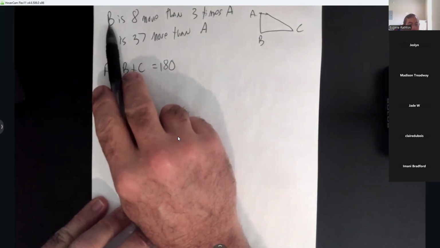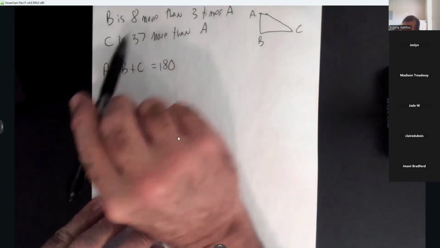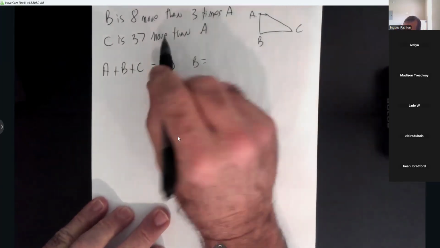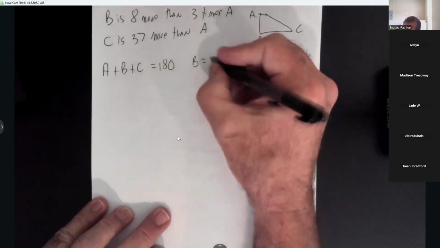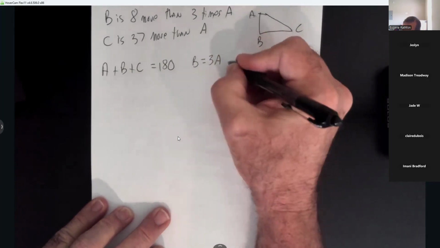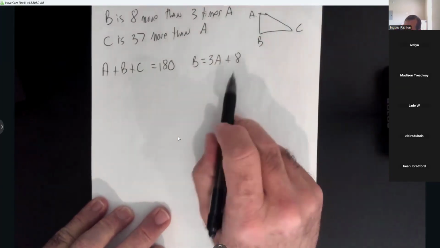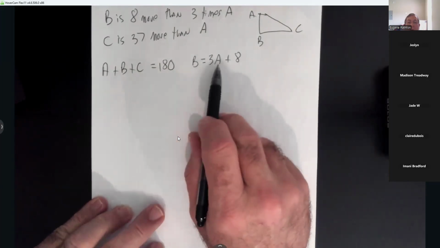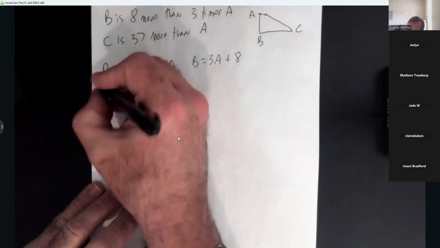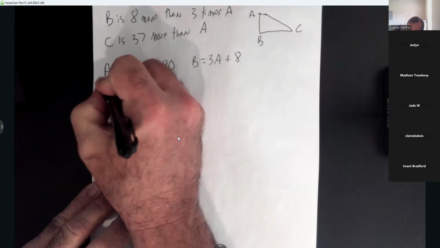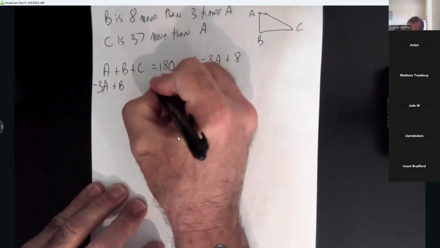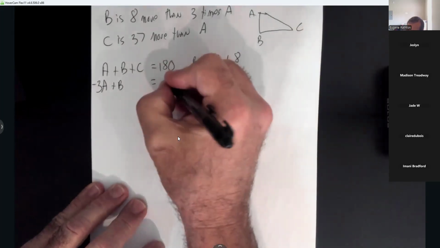Now this one, so B is 8 more. So that means B equals 8 more than 3 times A. So that'll be 3A plus 8. So remember, I need to get the A's to the other side. So I would subtract 3A. So that one would give me negative 3A plus my B is going to equal 8.